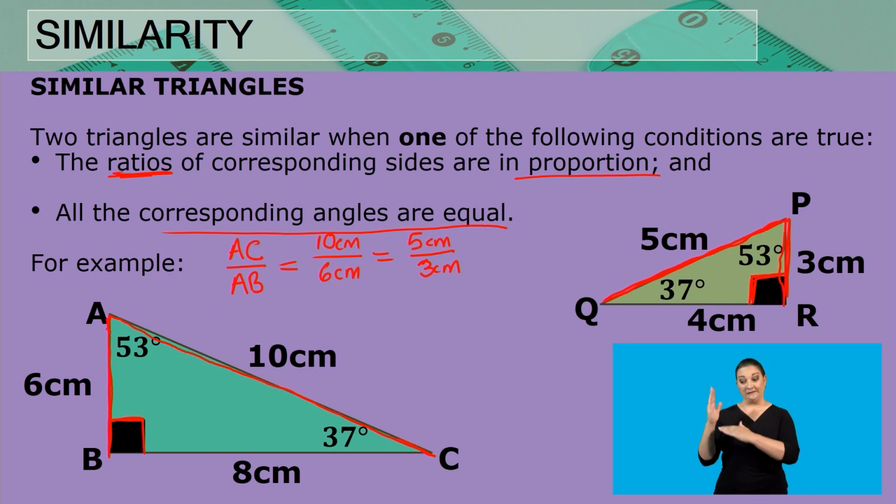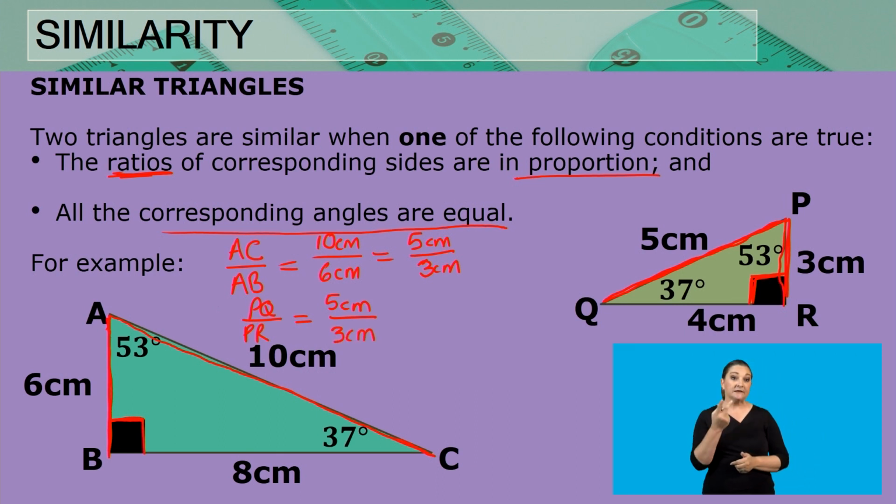Let's look at the ratio of the corresponding sides. We had said that AC corresponds with PQ, so we are going to say PQ divided by PR. As we have seen, the length of PQ is 5 centimeters, and we are going to divide that by the smallest side, which is 3 centimeters.